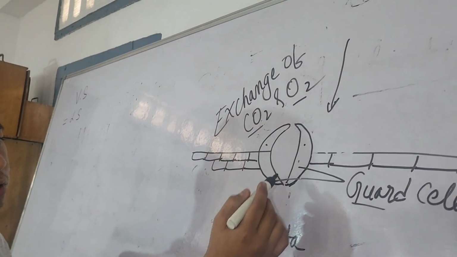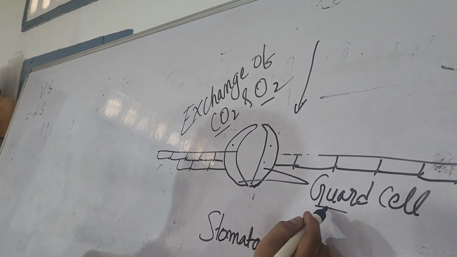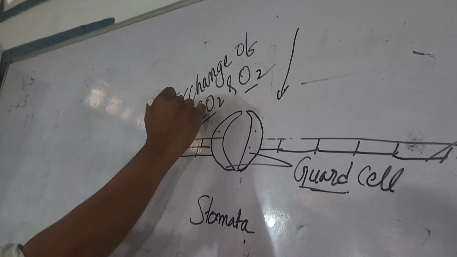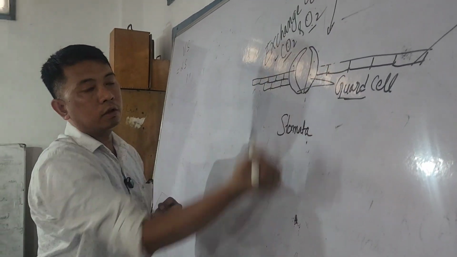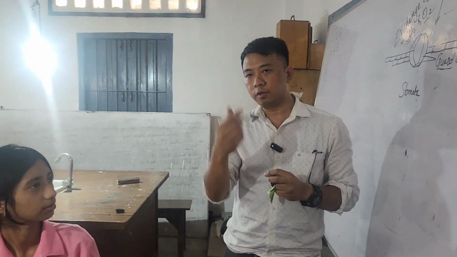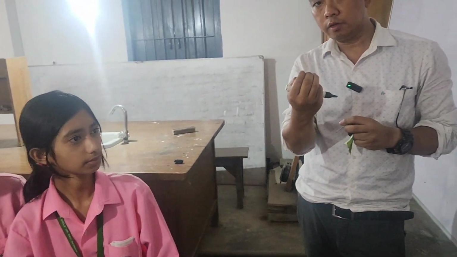This is guarded by the two guard cells, and this is the stomata, where there will be exchange of gases like carbon dioxide and oxygen. Do you know photosynthesis? What kind of gas do they take in and what gas is released? They release oxygen and take in carbon dioxide. Carbon dioxide is taken in and oxygen is released.